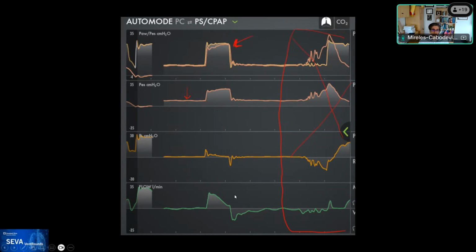So great job, Rutendo, for catching that. And then you can see that we detected that, so we started pulling the balloon out, and then we got it out of the esophagus. This is as we're pushing the balloon, and it's getting squeezed by the ET tube. So that's why that goes up. So good job. All righty.